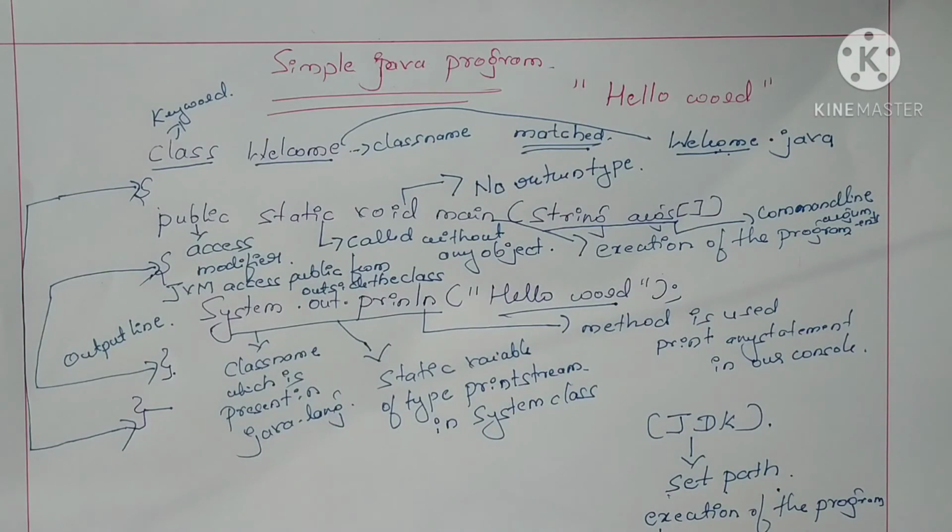Then it produces the class file, that is Welcome.class. Next we are going to execute the program with java Welcome. Then the hello world will be printed in our console.